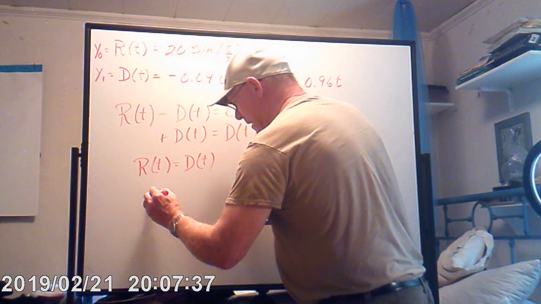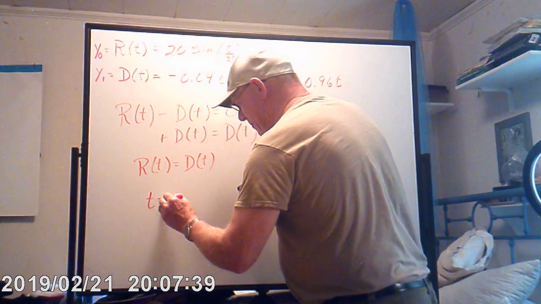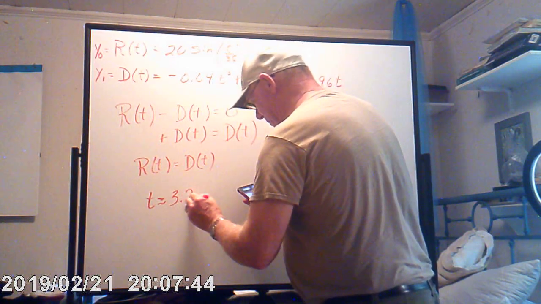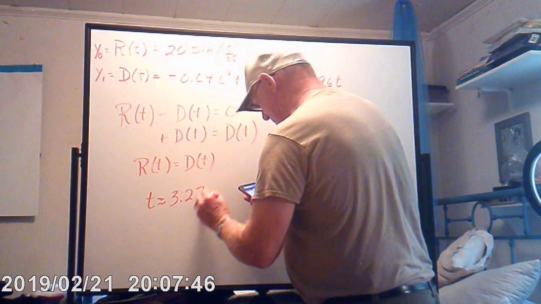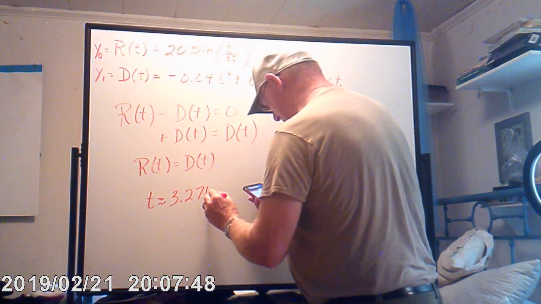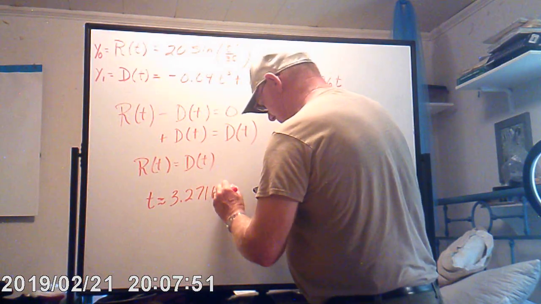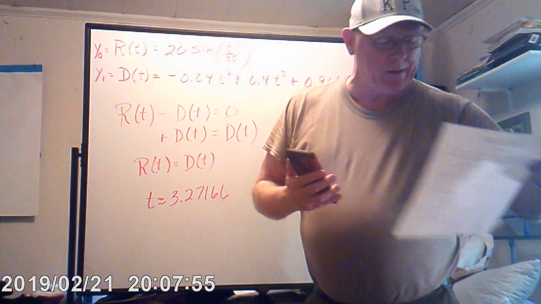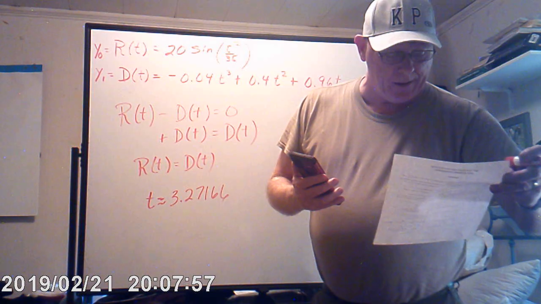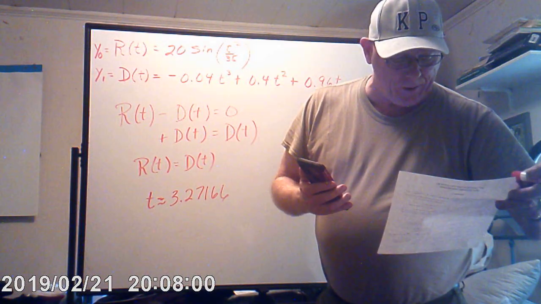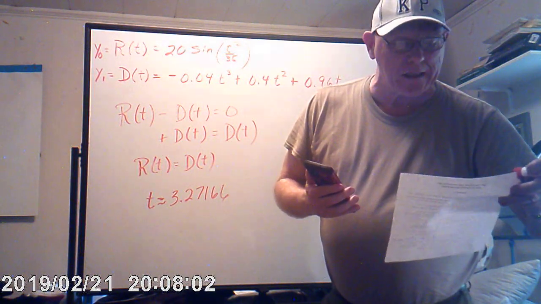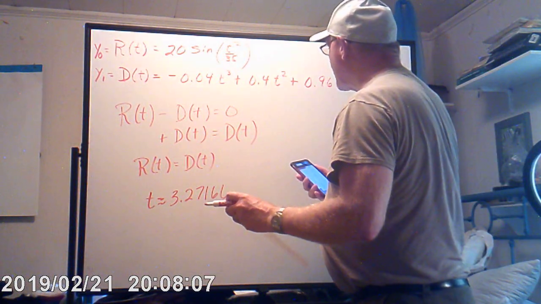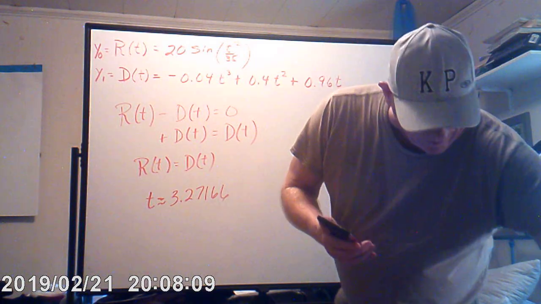So t is about equal to, to me now, I get 3.27166, and I think the author here, the one who did this, gets 3.27168, and I am assuming that I put this in totally correctly.